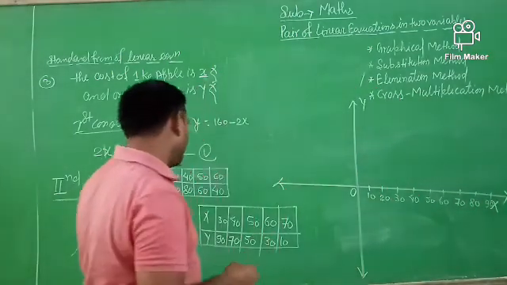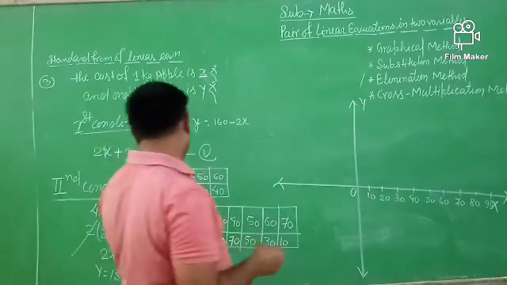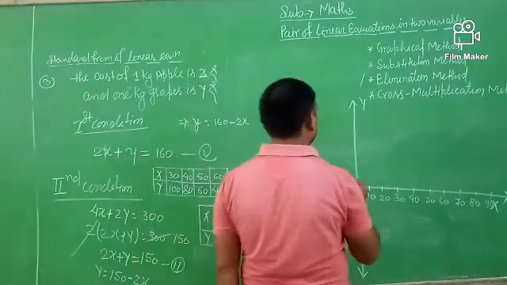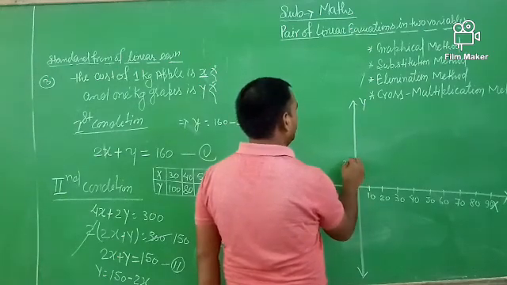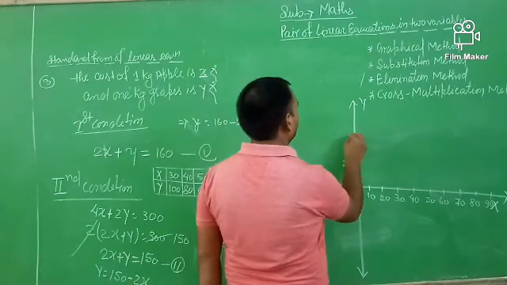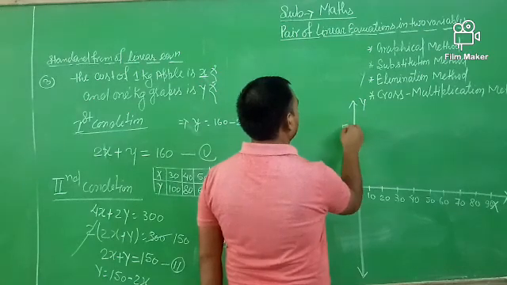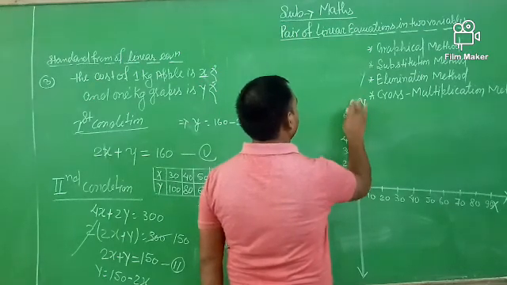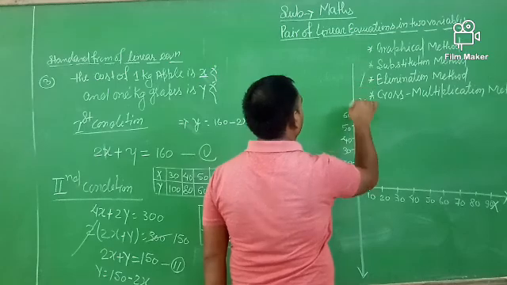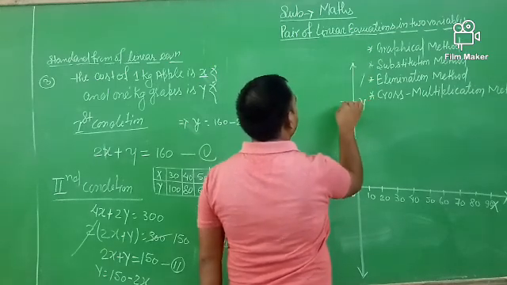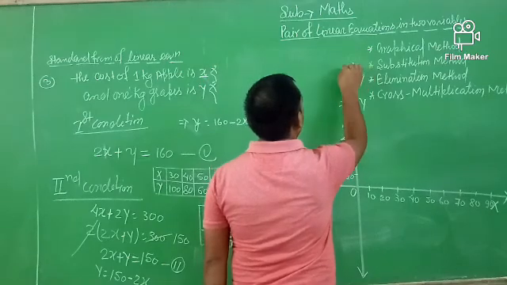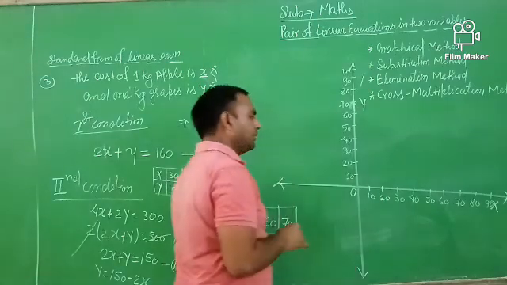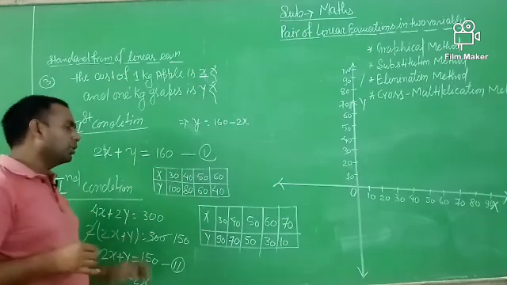And the value of y starts from 0 to 100: 10, 20, 30, 40, 50, 60, 70, 80, 90 and 100. Okay, because here we have only positive values.